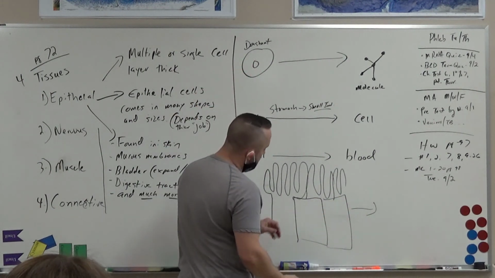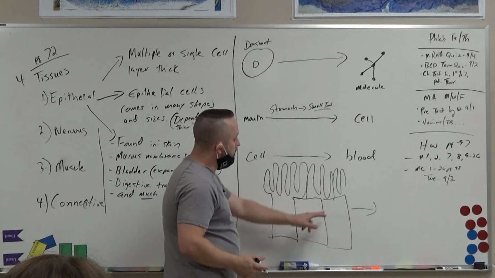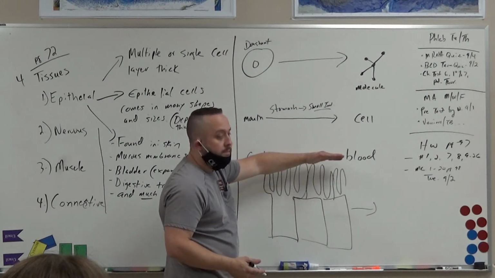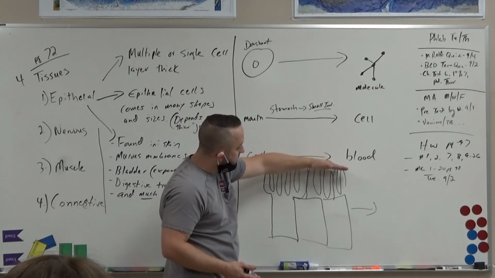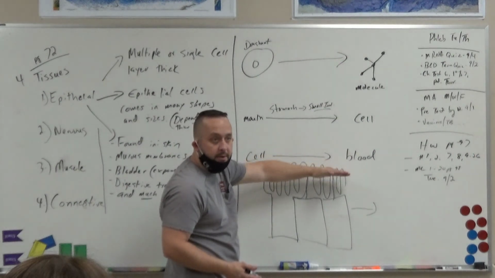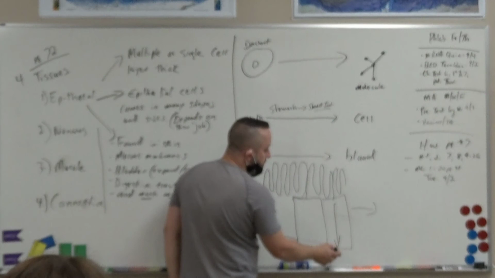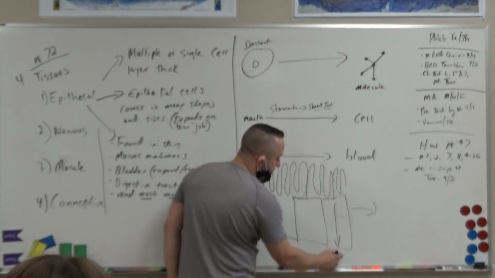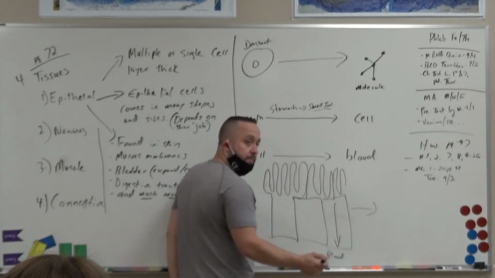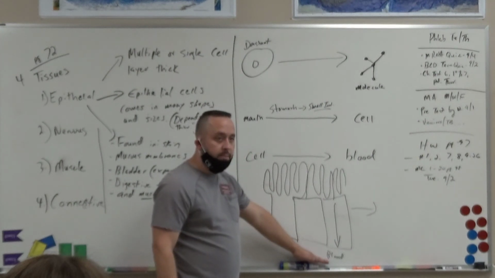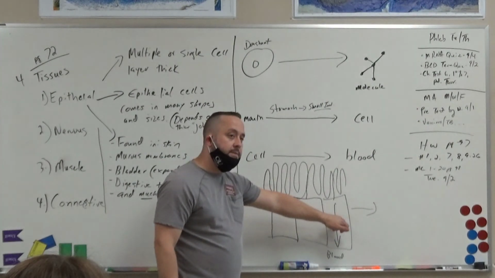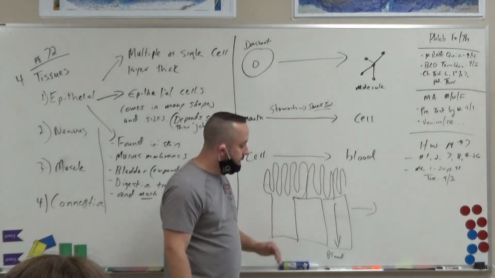When nutrients are taken in from your gut and absorbed by the fingers of this cell, because they're tall, that allows nutrients to be absorbed more slowly, because guess what's on the other side of this cell? Blood. This is where it finally gets to the blood. It's got to go through this cell first. Trillions of them line your gut.